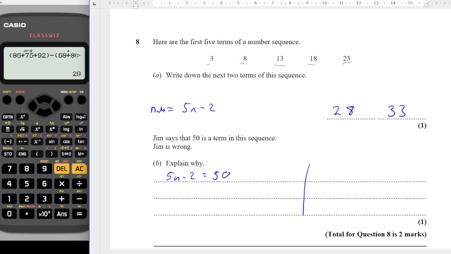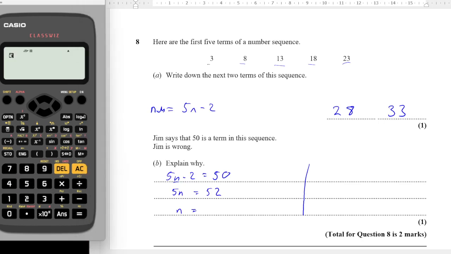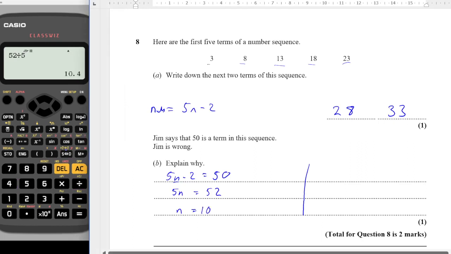And if we can have a whole number for n, then it is in the sequence. If we can't, then it's not. So that leads to 5n being equal to 52, which would lead to n being equal to 52 divided by 5, which gives us 10.4, so not in sequence.